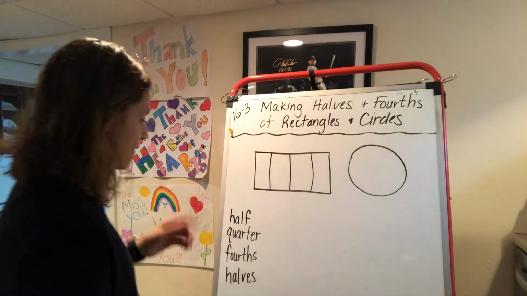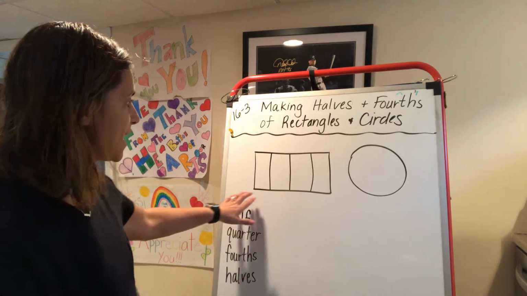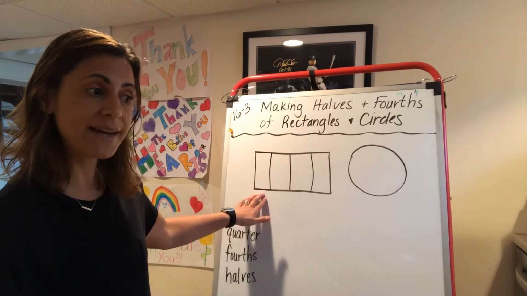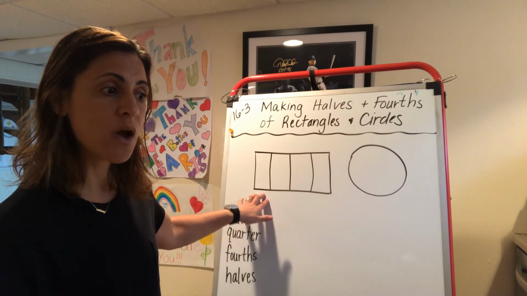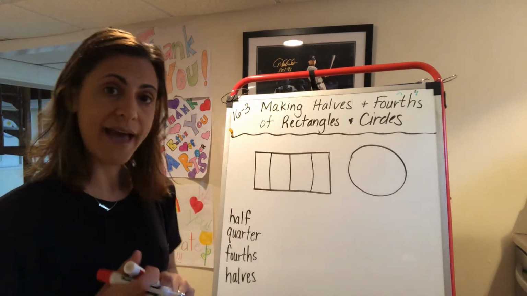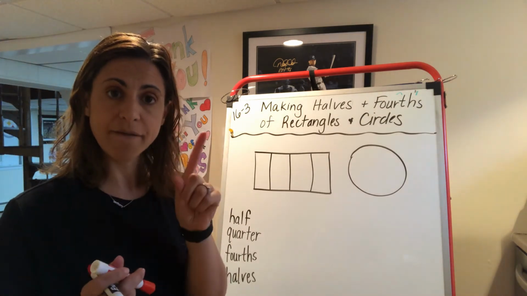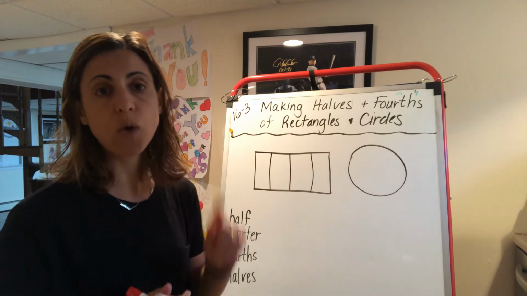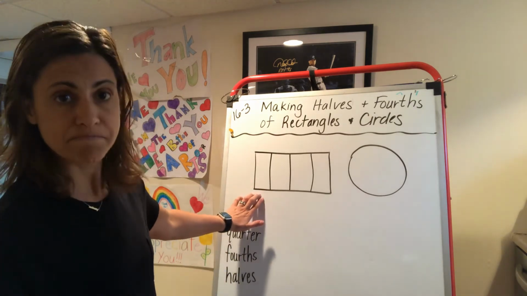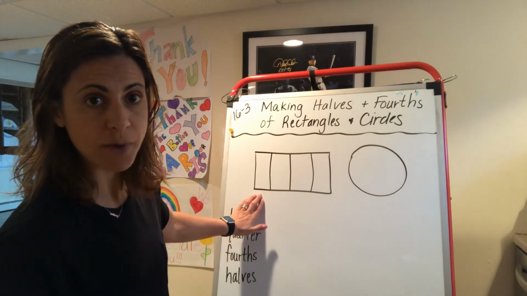Now, if I asked you to color in this shape, this rectangle, which is divided into quarters, show me 1 quarter or 1/4. How would you color that? Think about it. Remember, the top first number tells you how much is colored. So 1/4 of this rectangle, let's pretend it's a Hershey bar, chocolate bar.